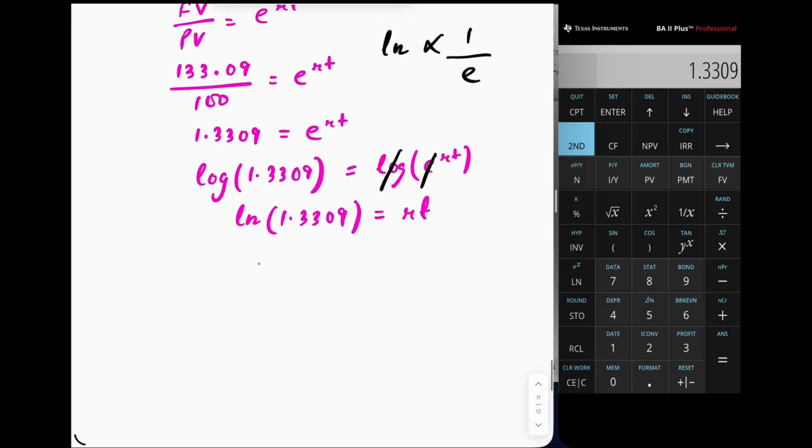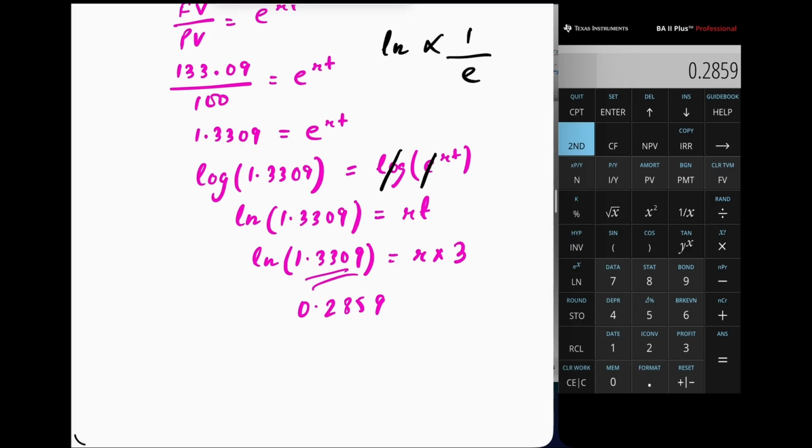So ln 1.3309 equals RT. R we need to find out. T is 3 years, right? So this value is already there in the calculator. I just have to press ln, and it becomes 0.2859.